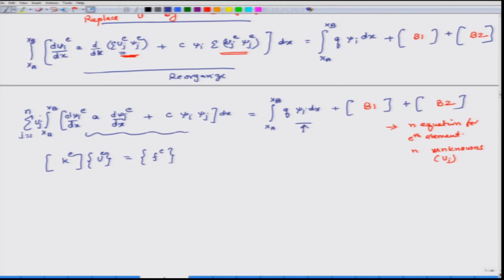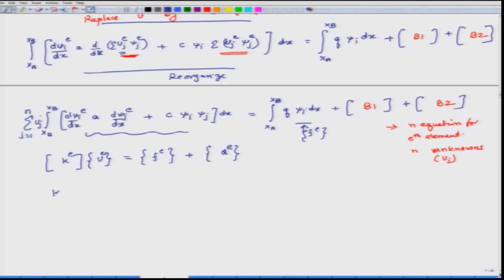So, this gives me force F plus I get another vector Qe from B1 and B2.